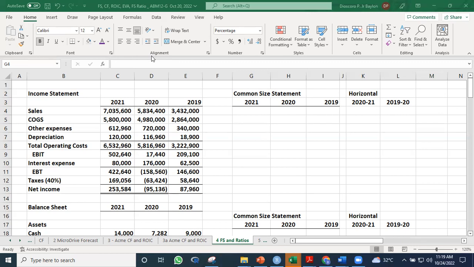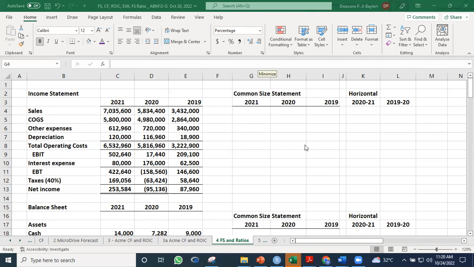Okay, I see one answer. C4 over dollar C4. C4 over D4. Kindly share your answers to everyone, please. Okay, KC, C4 minus D4, and then copy to the right.